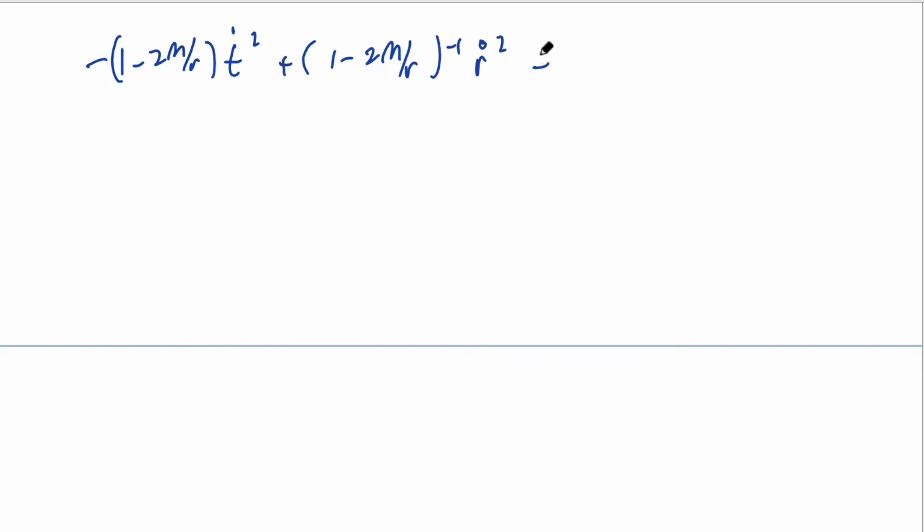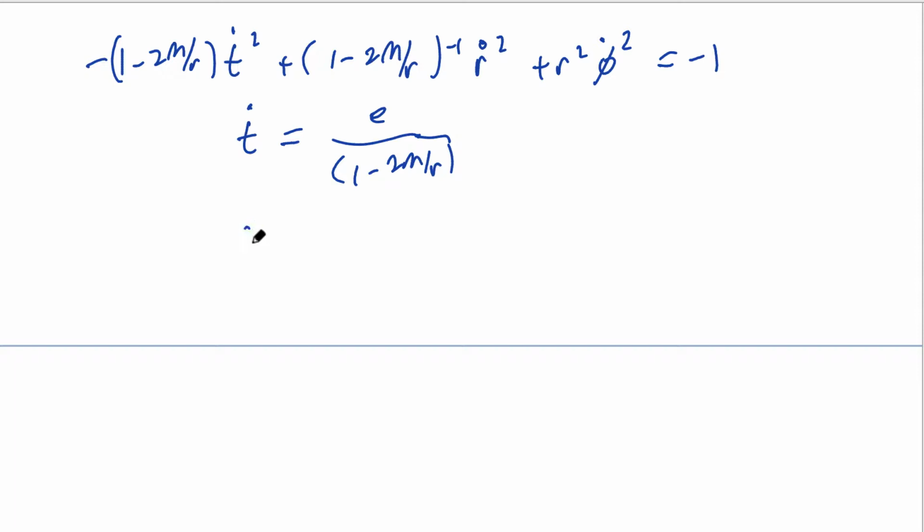So our three equations are: minus (1 minus 2m over r) t dot squared plus (1 minus 2m over r) inverse r dot squared plus r squared phi dot squared equals minus 1. We also have t dot is equal to a constant little e over (1 minus 2m over r), and phi dot is equal to a constant little l over r squared.